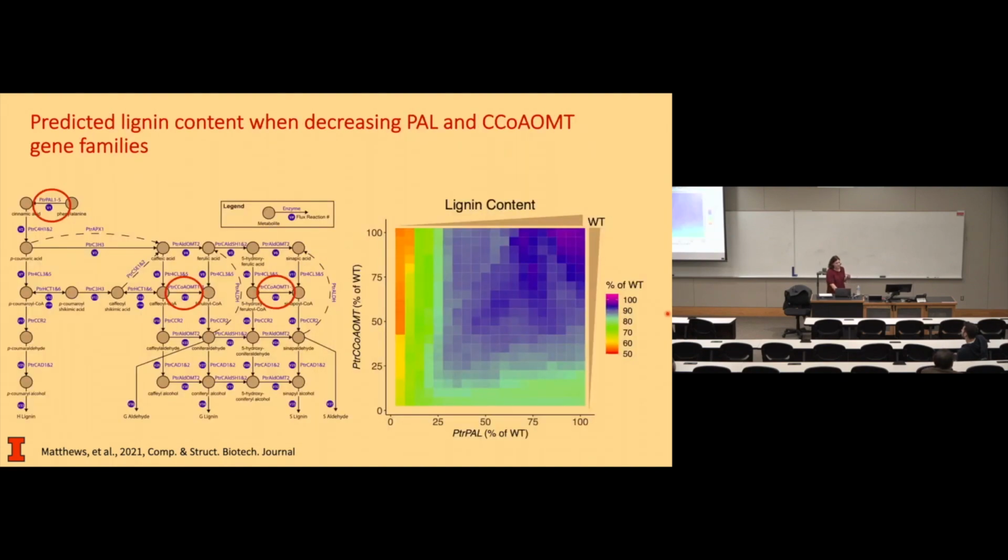An example here shows the combination of decreasing the coenzyme T family of RNA or enzymes, which are these reactions, as well as the POW reactions, decreasing the amount of these transcripts in the system and seeing how it impacts, in this case, the lignin content.